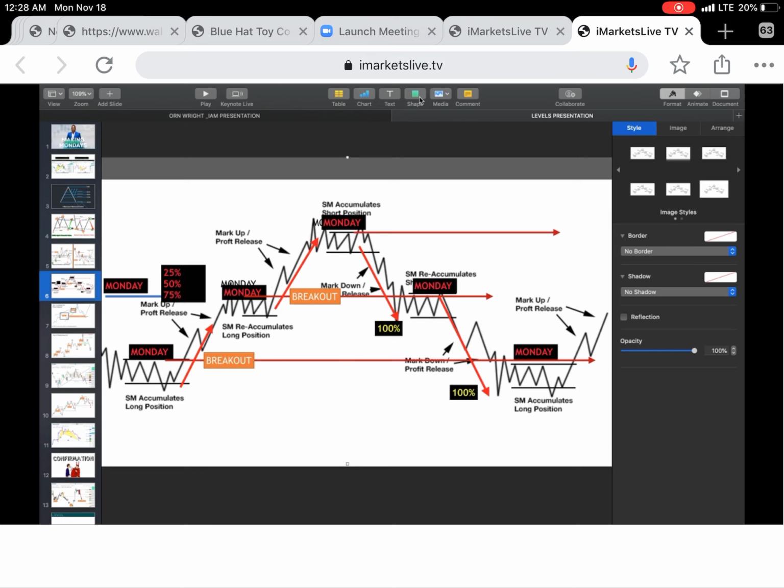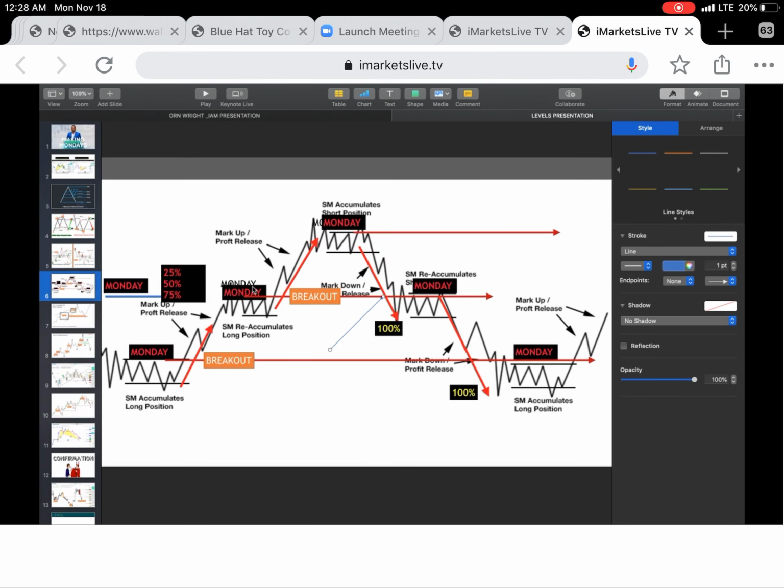And at that point, you can enter your position to sell. So I'll just put this here, and I'm going to show you right around here, you can enter your position to sell. Now, you should already know what your pip goal is going to be.